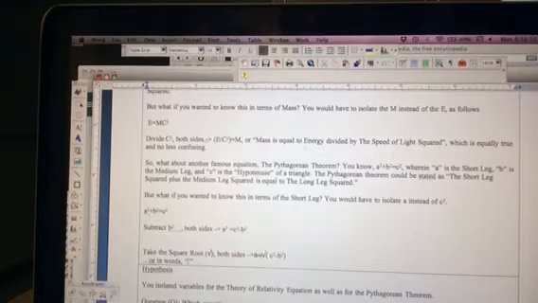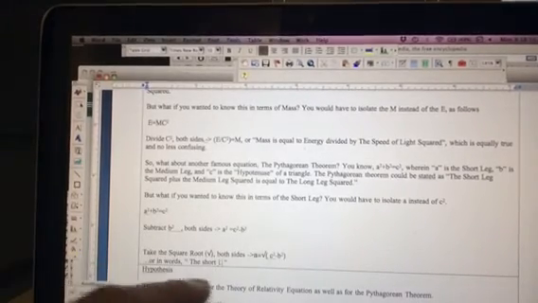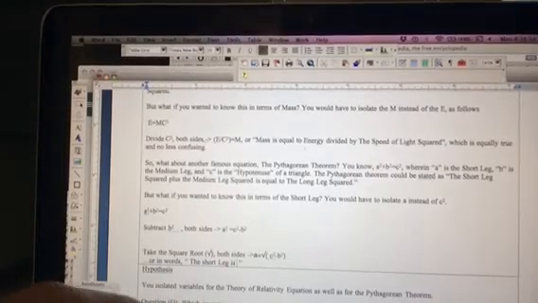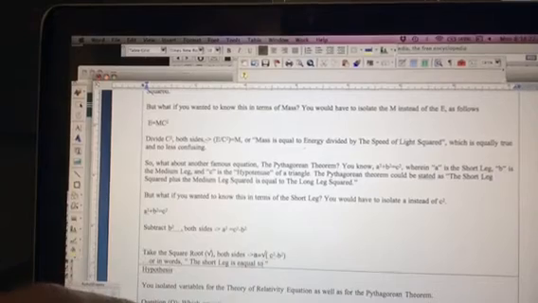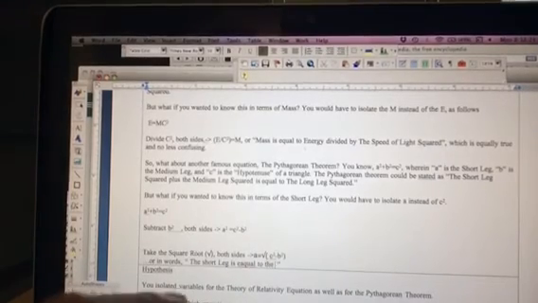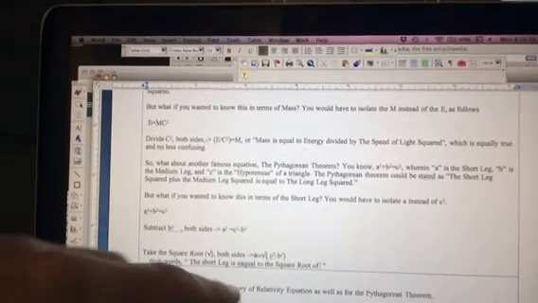Or in other words, a is the short side. So the short leg is equal to the square root of, we'll look at c.